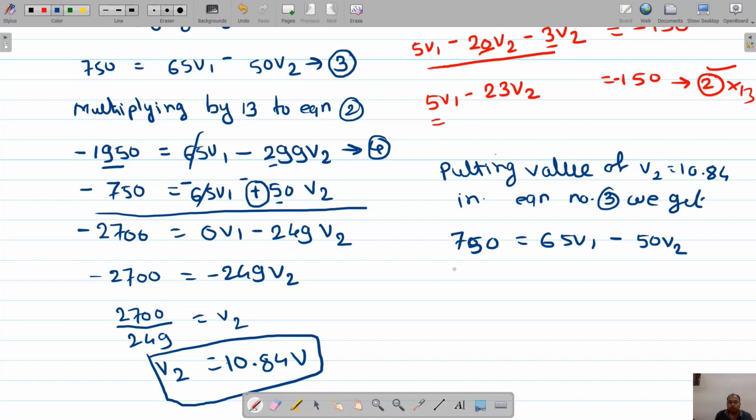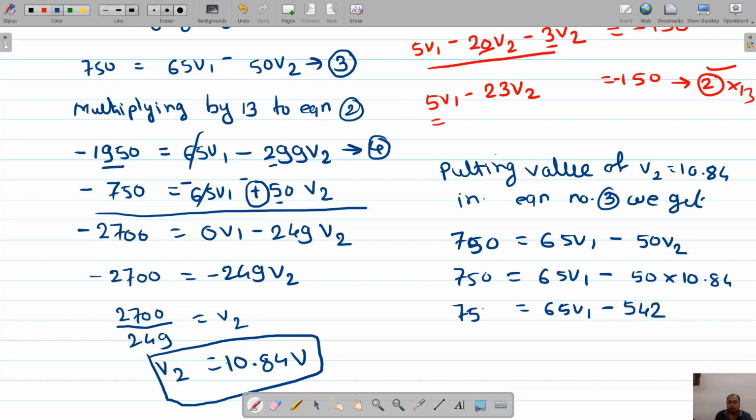Okay, so 750 is equal to 65 v1 minus 50 into 10.84. So let me calculate, take 50 into 10.84. It is coming as 542. So 542 is the value.